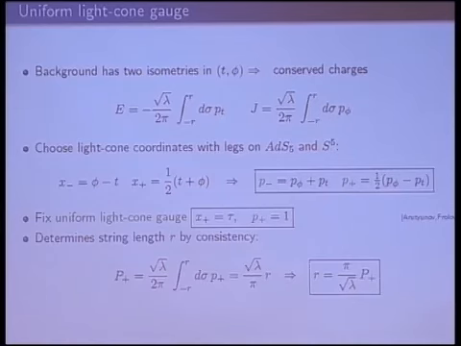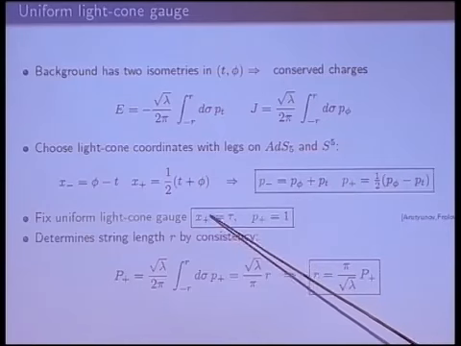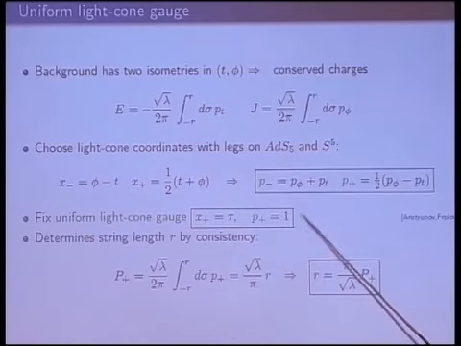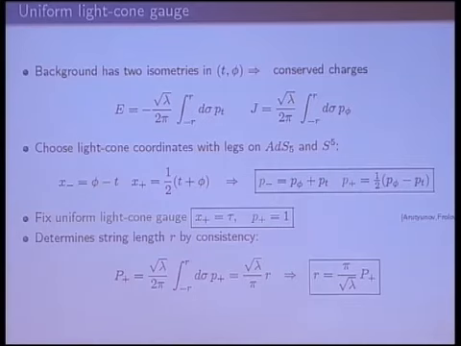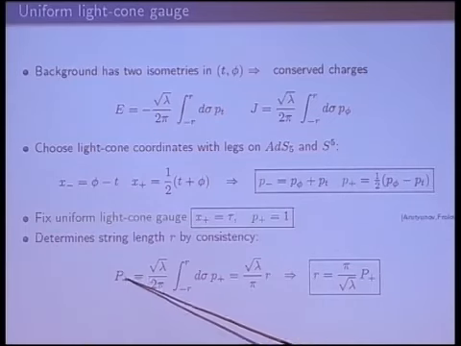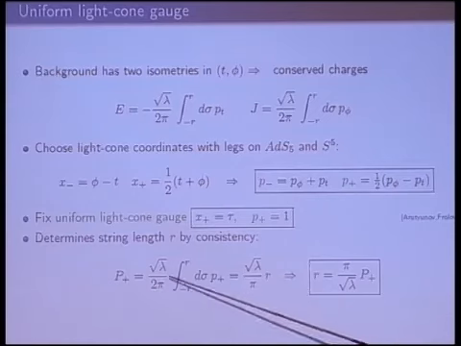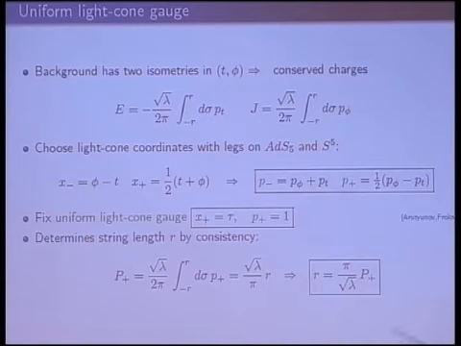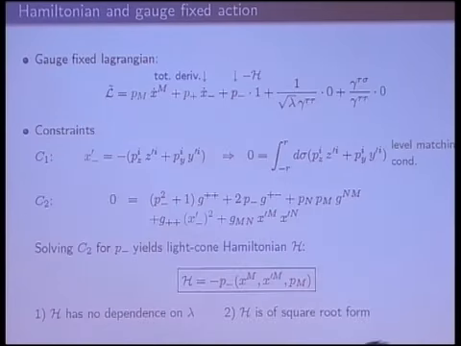And now the light cone gauge condition is exactly x plus is equal to tau and p plus is equal to 1 in this case, which determines now the length, the extension of sigma by consistency, because the total p plus charge is then just given by r times square root of lambda over pi. So that tells you how the length of the string is related to p plus and square root of lambda.